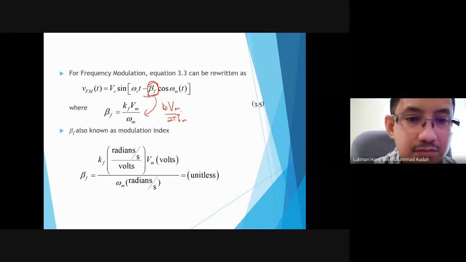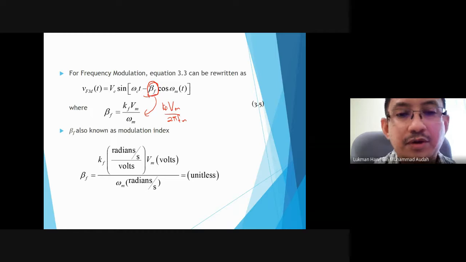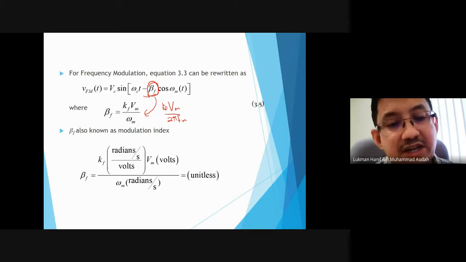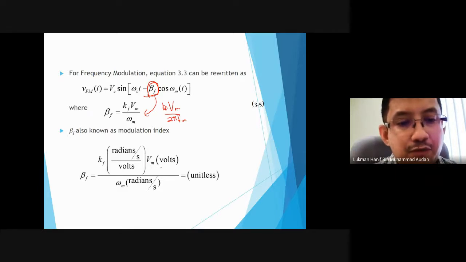Okay, and here, if you see from here, the unit for kf is radian per second per volt. Multiply with volt, so you will get radian per second.